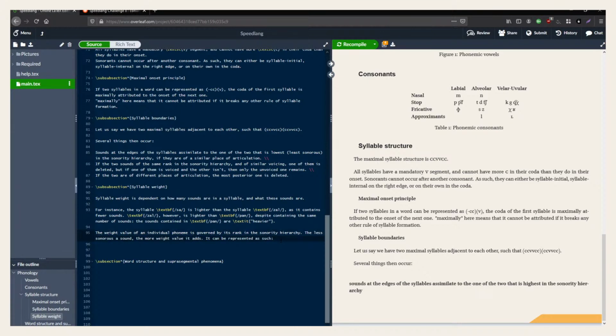I even read it back to myself and I thought it was fine. It can be represented as such: stops, fricatives, nasals, vowels. Oh, and approximants somewhere, which is usually right before vowels. And I want to keep that because I like consistency and not confusing people for a speedlang.